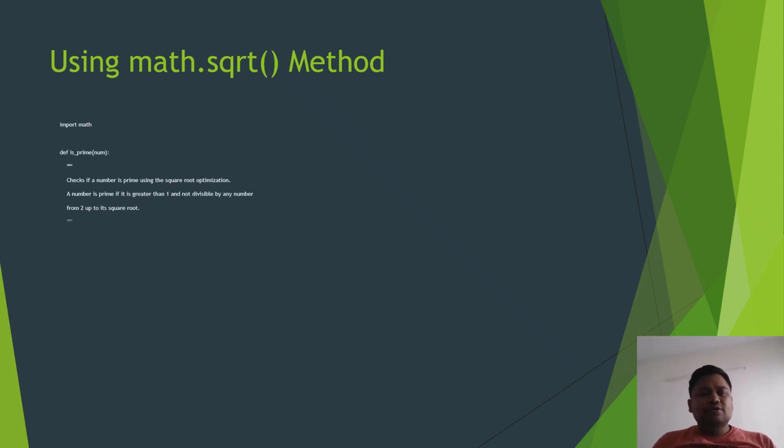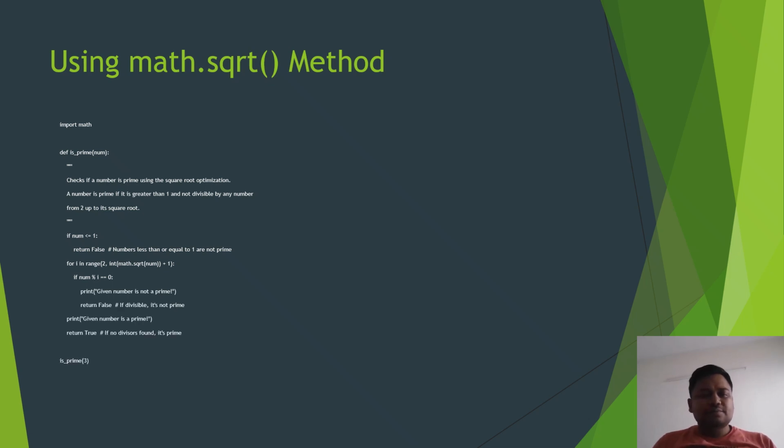So using the math.sqrt method, we define a function called is_prime(num) and we call it with is_prime(3) and is_prime(4). If number is less than or equal to 1, then return false, the number is not a prime.